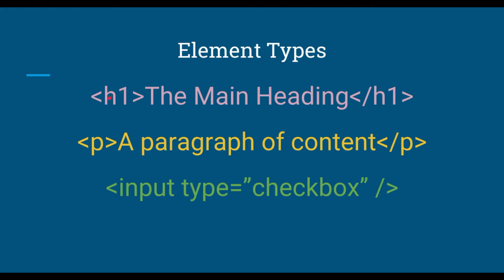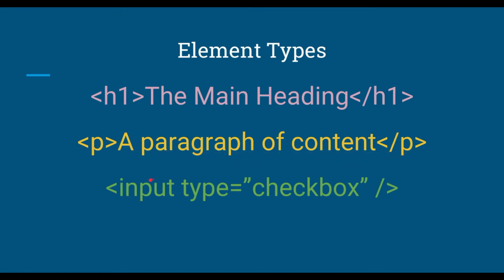So the entire element is the H1 with all of the content in there. This content in between this opening tag and this closing tag is what we're displaying. The web browser is not going to give you any of this information. It's going to display this, and it's not going to show you this, but this does tell the browser how to read it. As you can see, a paragraph tag is the same thing. You can have a paragraph of content, we have an opening tag and a closing tag.